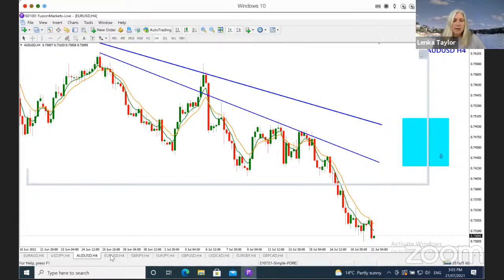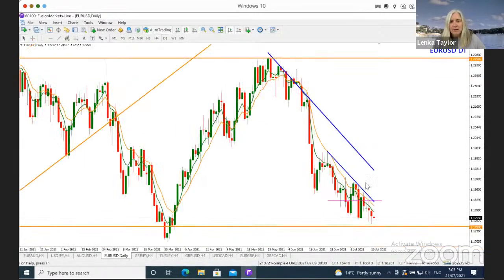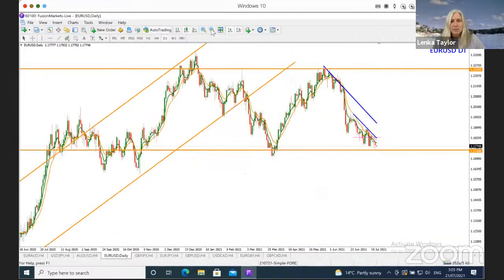The next currency pair I'm looking at is Euro USD. This currency pair, I'm looking at a short as that's where the price is heading. Just being a little bit mindful of the sort of range that it could be in at the moment between those two.